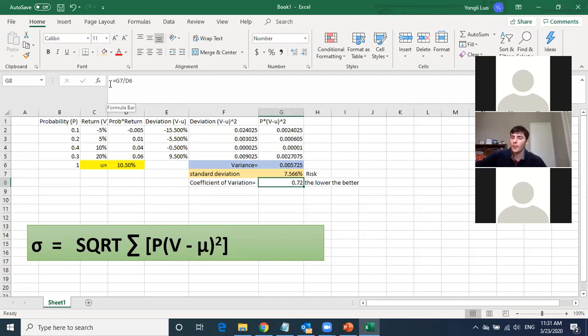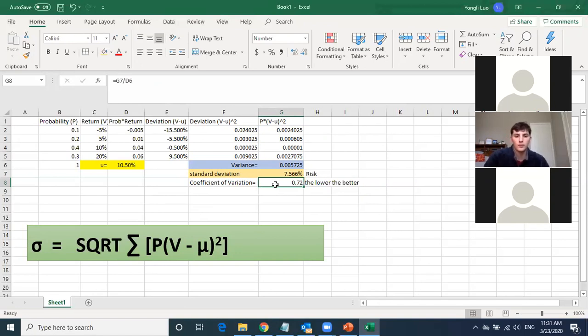The final conclusion, or the implication, is when you have two stocks, for example, ExxonMobil, Apple, Walmart, which stock are you supposed to invest in? What you need to do is calculate the coefficient of variation for each stock.